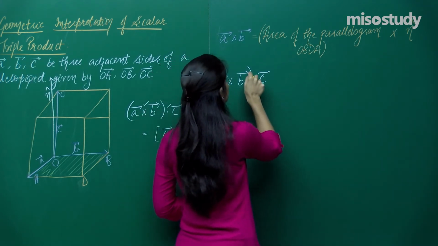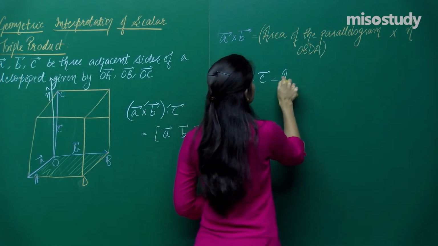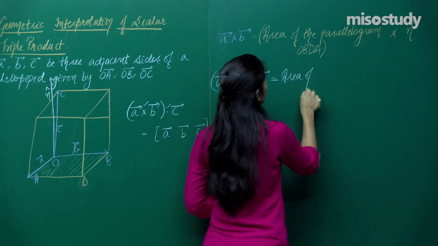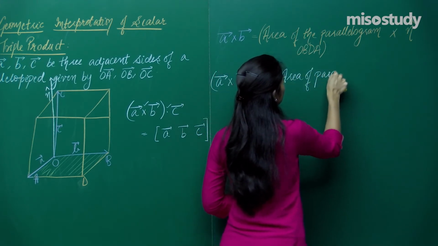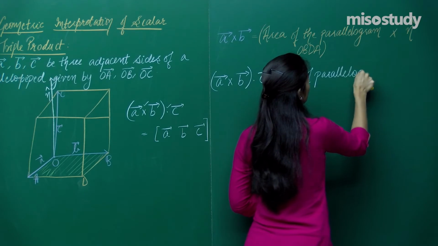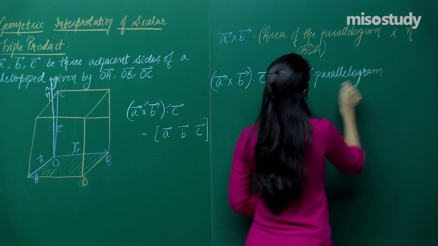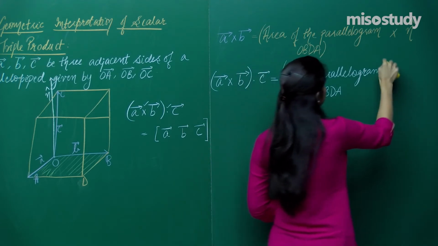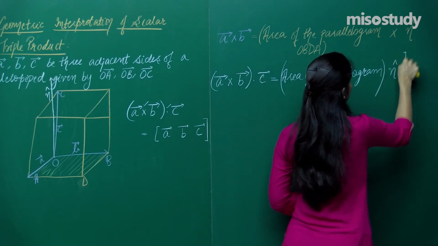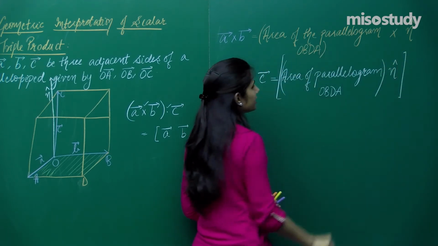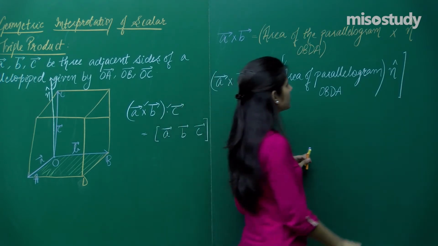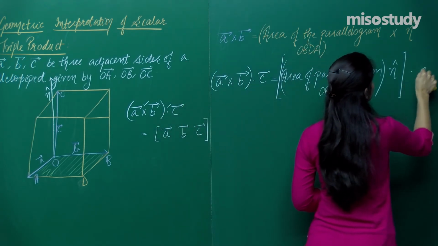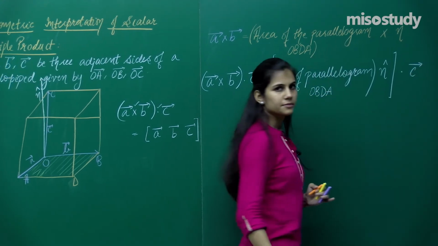It is area of parallelogram OBDA times n cap. This is one vector, dot product with C vector.